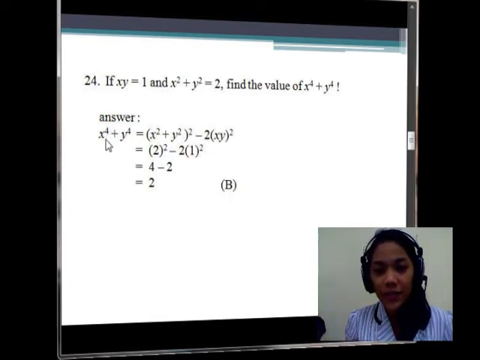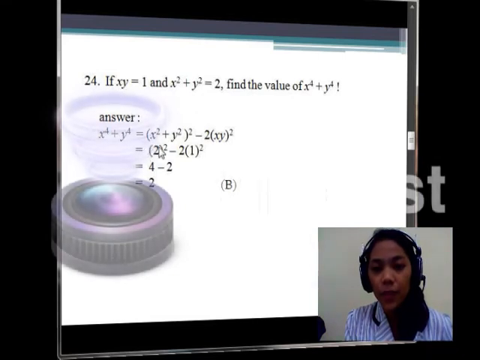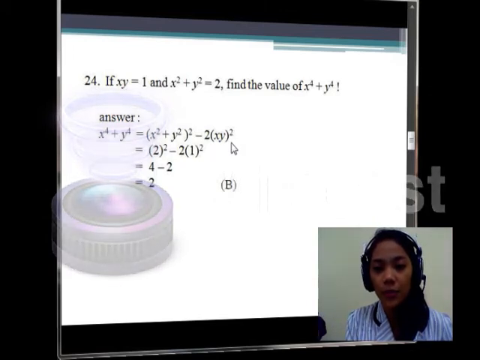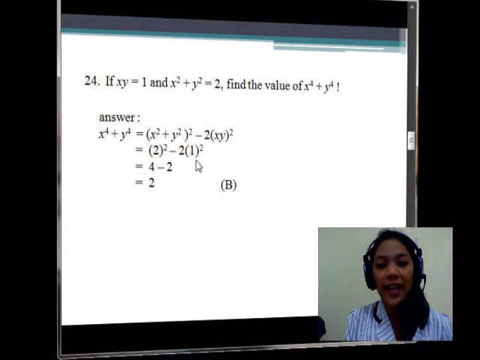So there you have x to the power of 4 plus y to the power of 4 equals the quantity of x squared plus y squared, raised to the power of 2, minus 2 times the quantity of xy raised to the power of 2. Then there you have 2 squared minus 2 times 1 squared. That's why 4 minus 2 equals 2. So the answer is letter B.